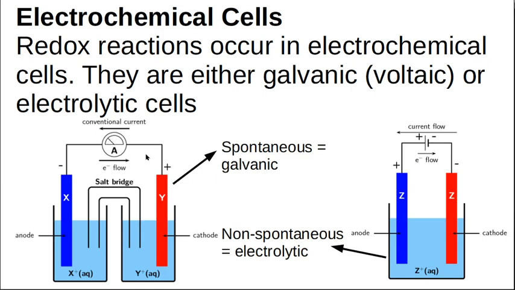And in a galvanic cell, you separate out into two containers the metal and a solution of its salt. So look here, here's the metal X, and here's X plus its cation in aqueous solution. And then on the other side, you've got metal Y in a solution of Y plus, okay?